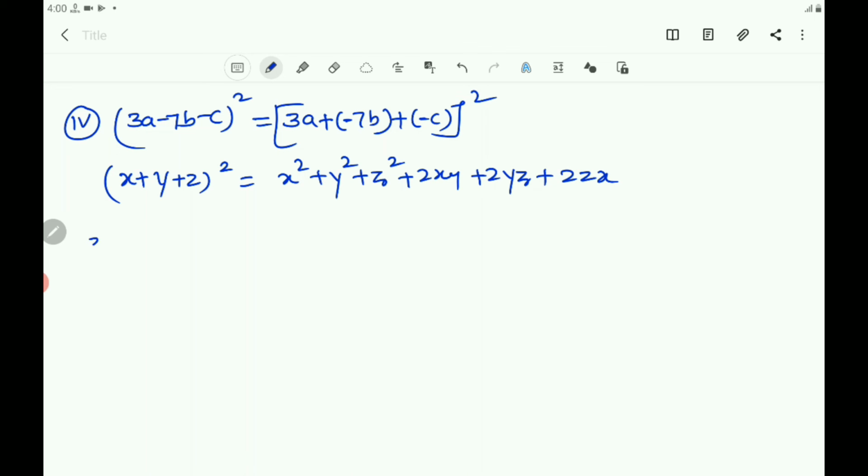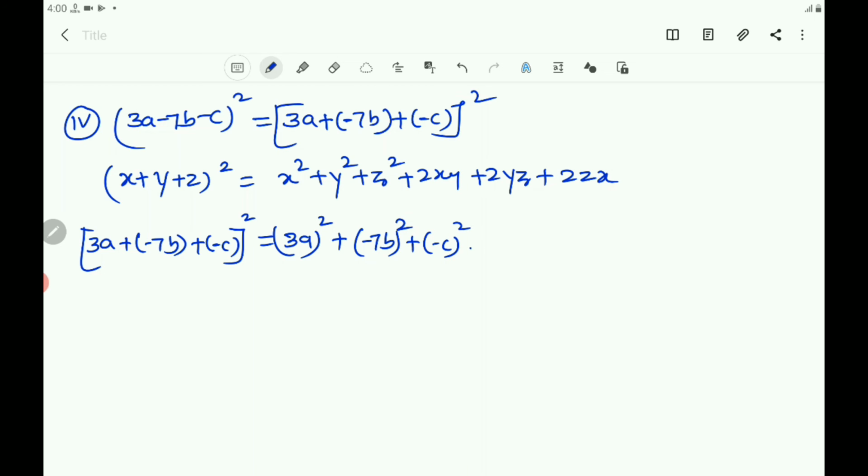Now you write (3a + (-7b) + (-c)) whole square equals x square, that is (3a) whole square, y square, that is (-7b) whole square, z square, (-c) whole square, plus 2 into x is 3a, y is -7b, plus 2 into y is -7b into z is -c, plus 2 into z is -c and x is 3a.